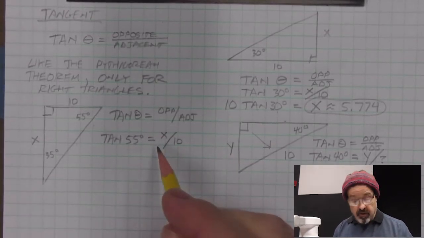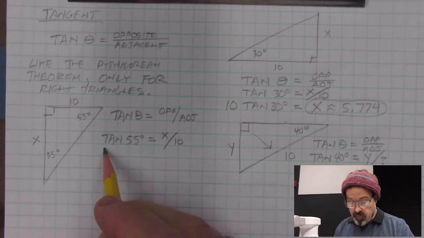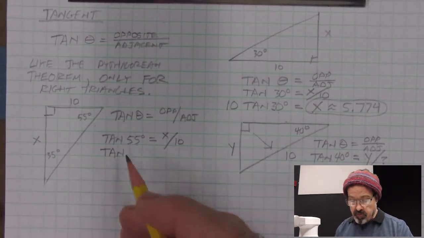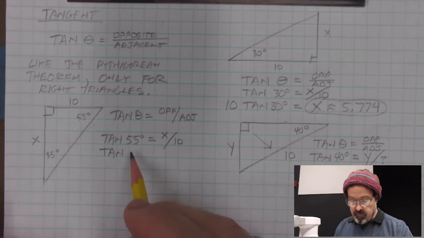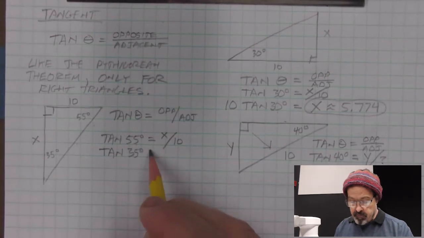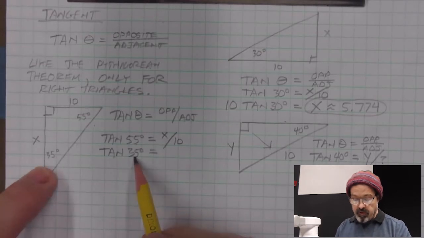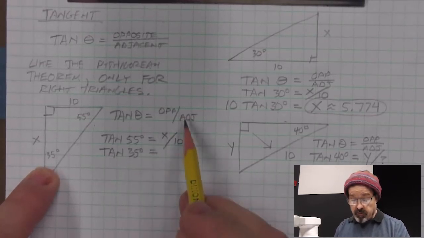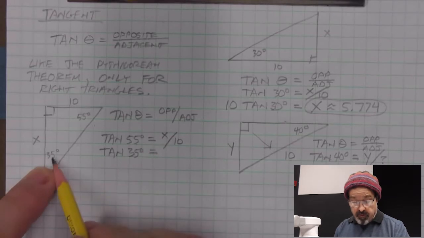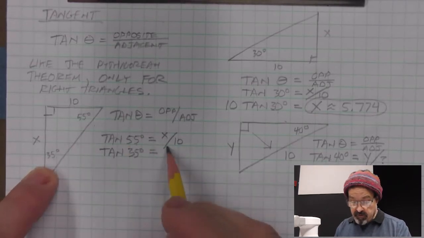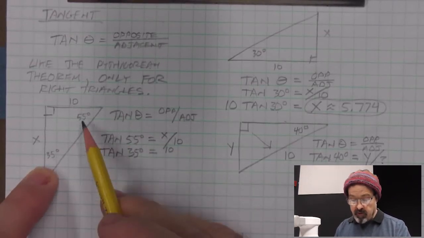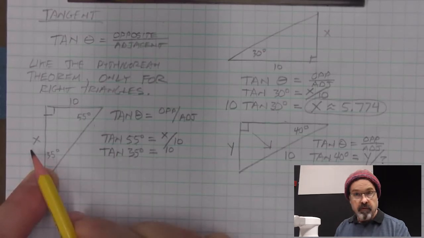But what if we made the other choice? What if, when setting up the tangent equation, I chose this 35-degree angle? So I'm going to proceed. The tangent of 35 degrees will be equal to opposite over adjacent. But what's opposite the 35 degrees is the 10. It's not the same as what is opposite 55.